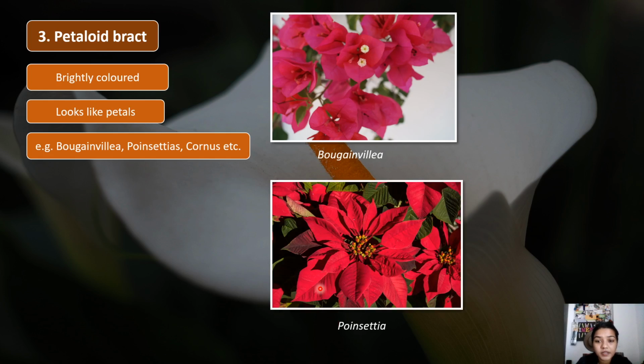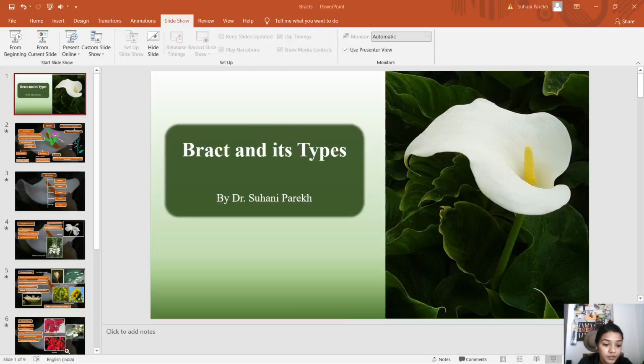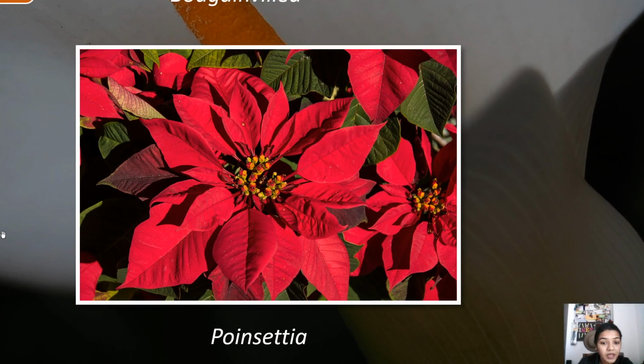Another example that you can look into is poinsettias. This is called Christmas flower. इसको क्रिसमस फ्लावर भी बोलते हैं, राइट? Poinsettias जो है, अगर आपको याद हो तो we have already learned this in a kind of inflorescence which is the cyathium inflorescence, right? So we had already learned that this is the flower, the middle portion is the flower, right?